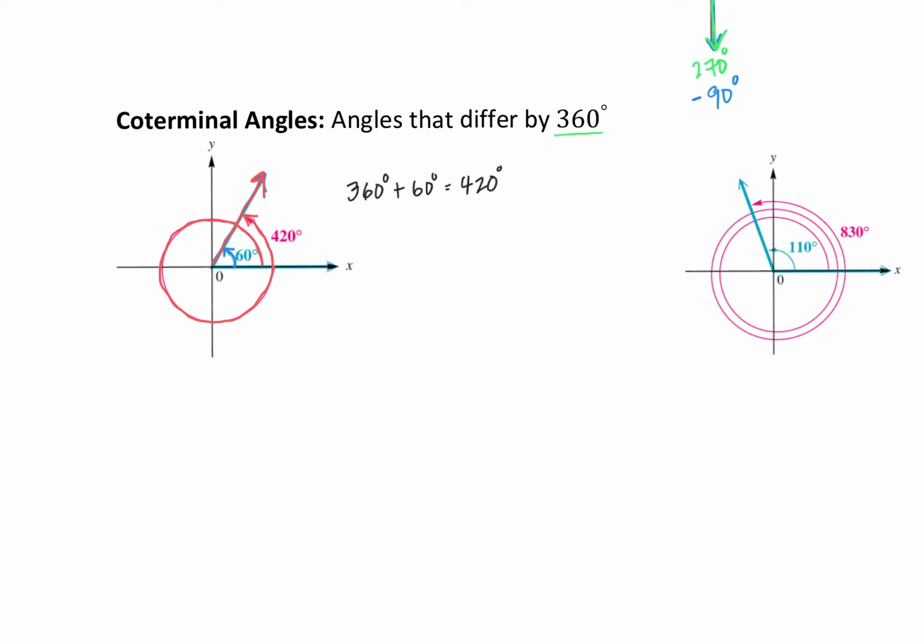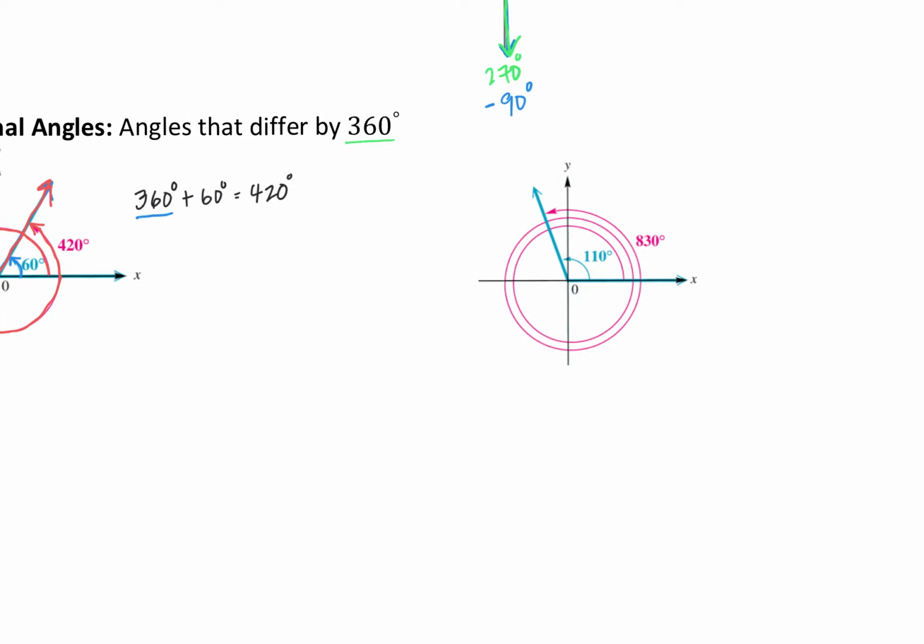These are coterminal angles. They differ by 360. So if you add or subtract multiples of 360 degrees, the angles are coterminal, same initial side, same terminal side. But it doesn't have to be one rotation.